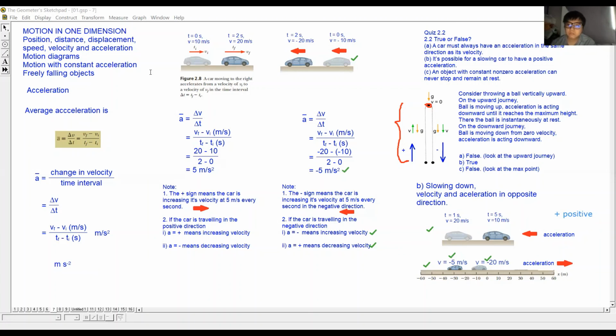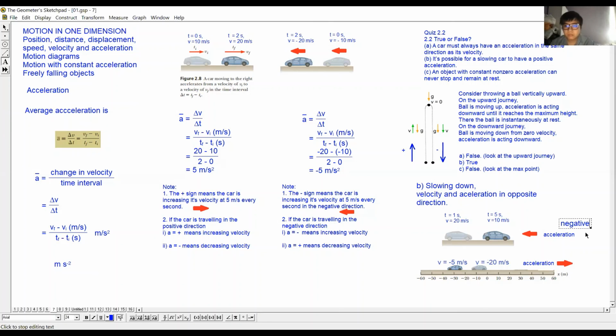I better clear this. Actually, it's the other one. Okay, I clear this. Right. Now, this direction, this acceleration is from right to left. So this acceleration is negative. This one is negative.